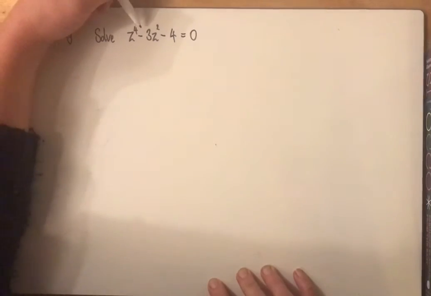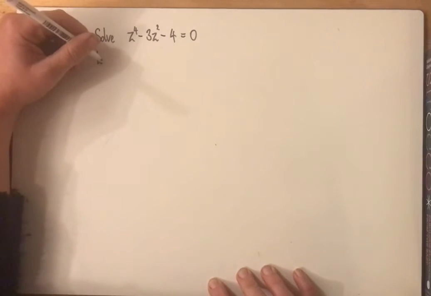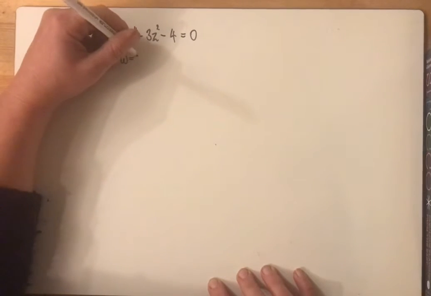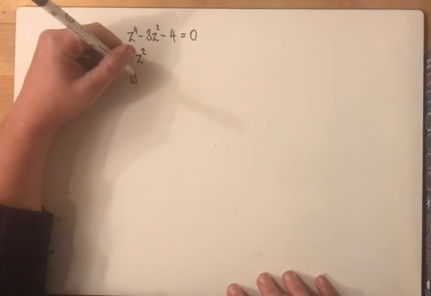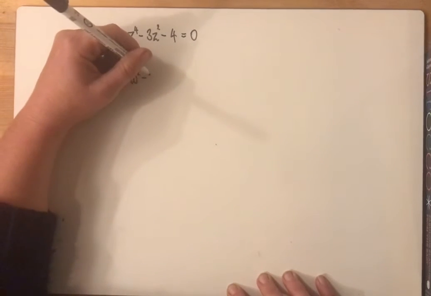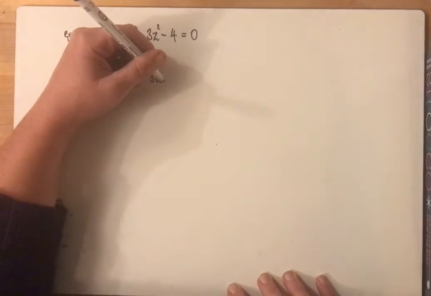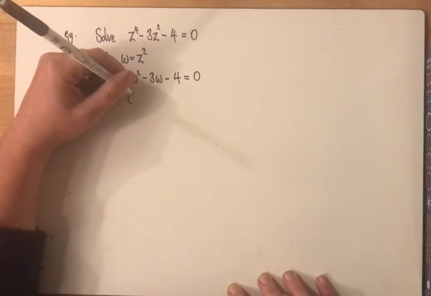There's no z cubed and there's no z term, so this will factorise relatively easily. So we can let w equal z squared, and then we've got a quadratic in w. And this one actually factorises.